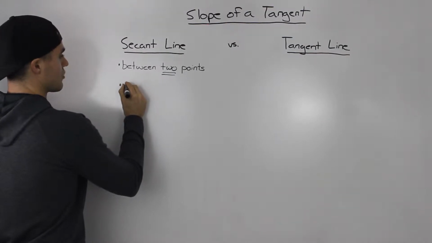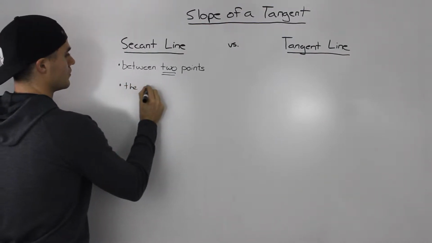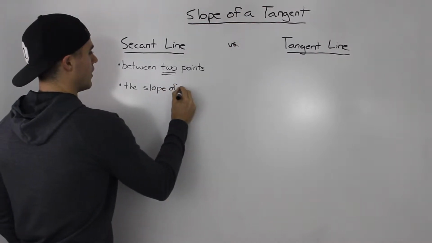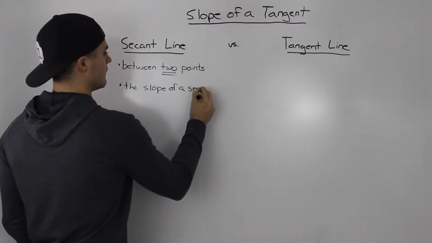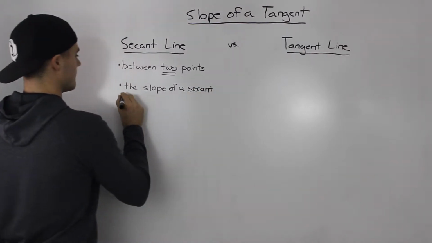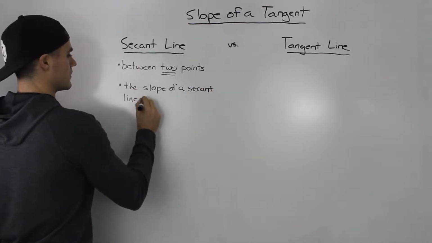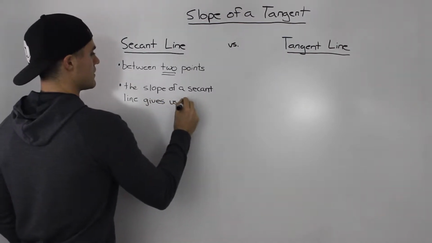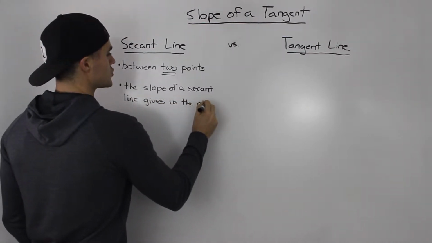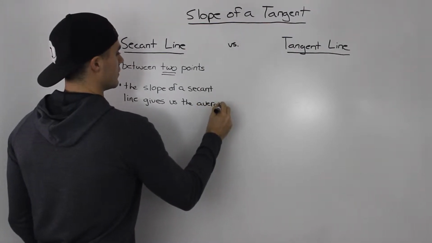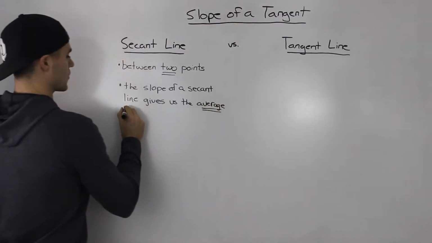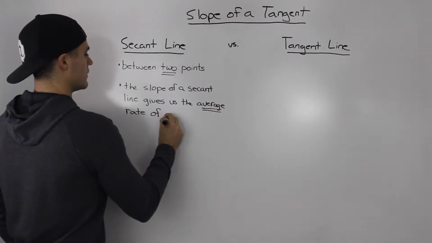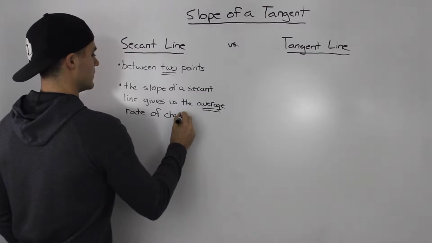And the slope of a secant line gives us the average rate of change.